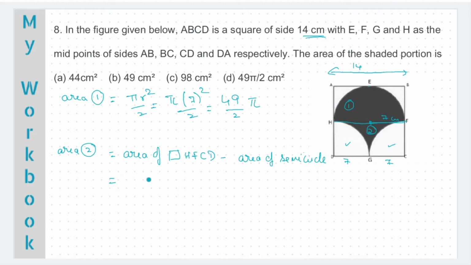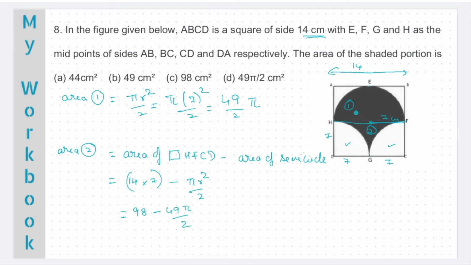So area of the rectangle HFCD is, length will be 14 and the breadth will be half of the side, so 7. So it is length 14 into breadth 7 minus area of the semicircle is again pi r square by 2. 14 into 7 will be 98 minus pi r square by 2, r is 7, so 49 pi by 2.